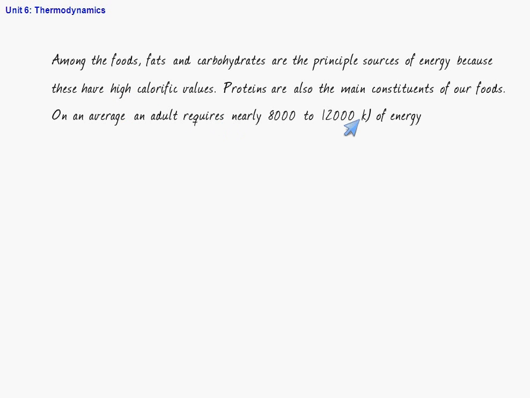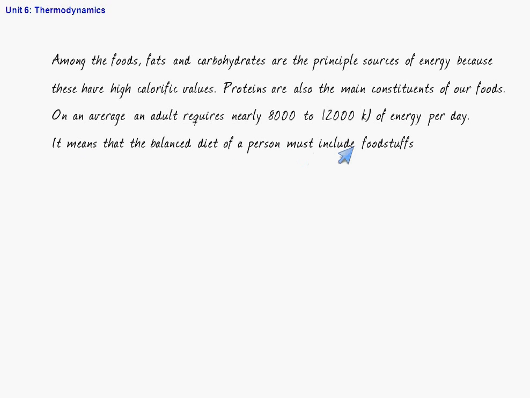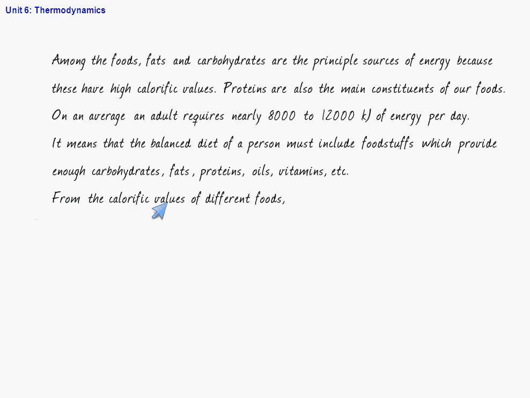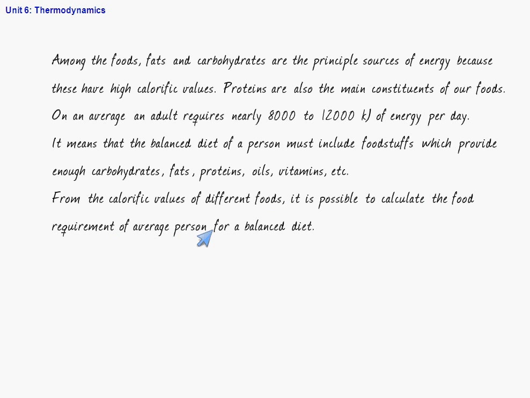It means that the balanced diet of a person must include foodstuffs which provide enough carbohydrates, fats, proteins, oils, vitamins, etc. From the calorific values of different foods, it is possible to calculate the food requirement of an average person for a balanced diet. If we have the idea about the calorific value, we can plan our diet depending upon the requirement.